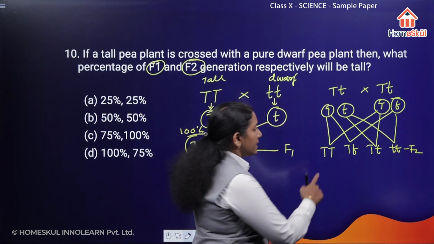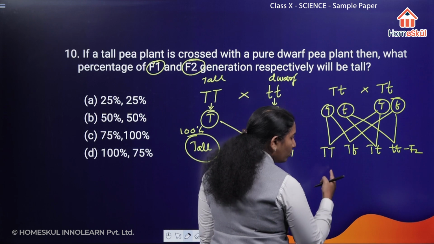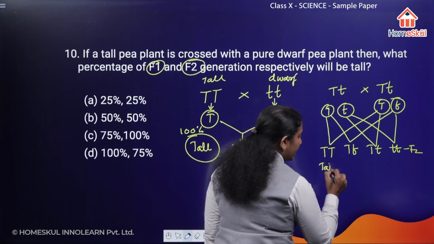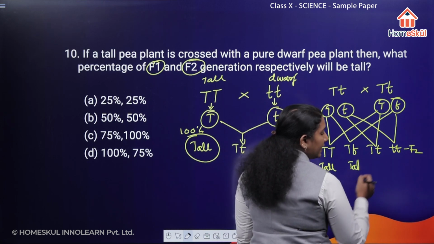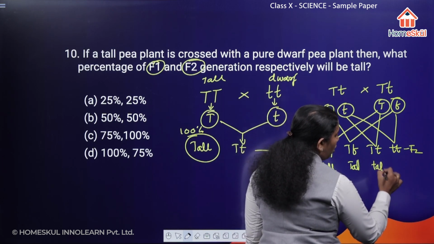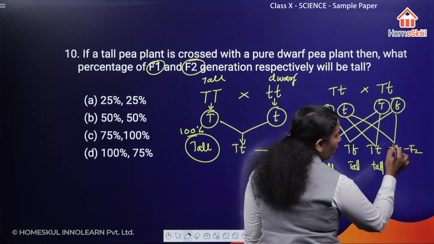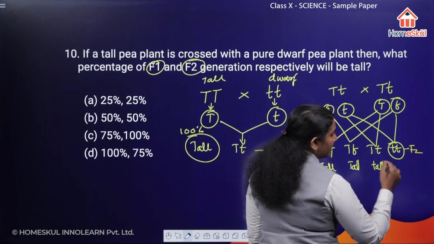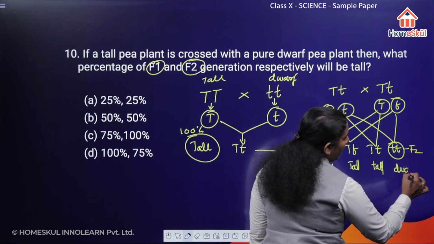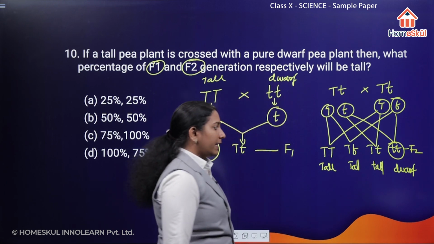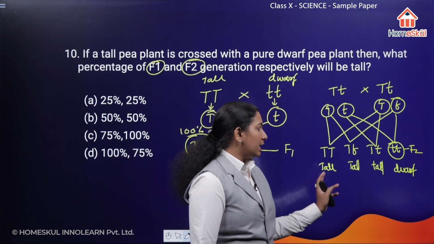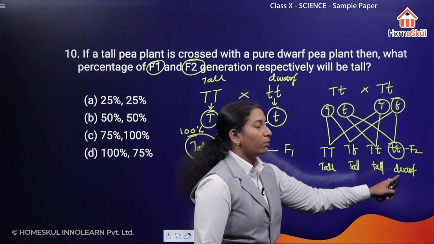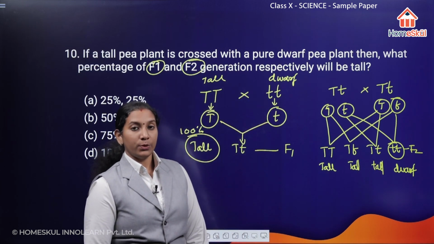Here you can see this plant is homozygous, and it is tall, right? And this is heterozygous, but it is again expressing tallness. This is heterozygous, but again tall. But this is homozygous recessive, that is, this is the dwarf plant. So, out of 4 plants, 3 are tall and only 1 is a dwarf plant.